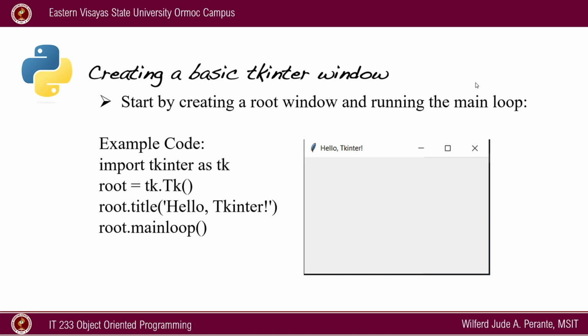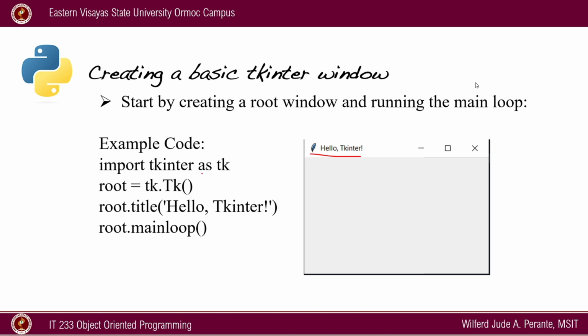So now we have creating a basic Tkinter window. We have a root window running in the main loop. We put a title, hello, our title bar Hello Tkinter.